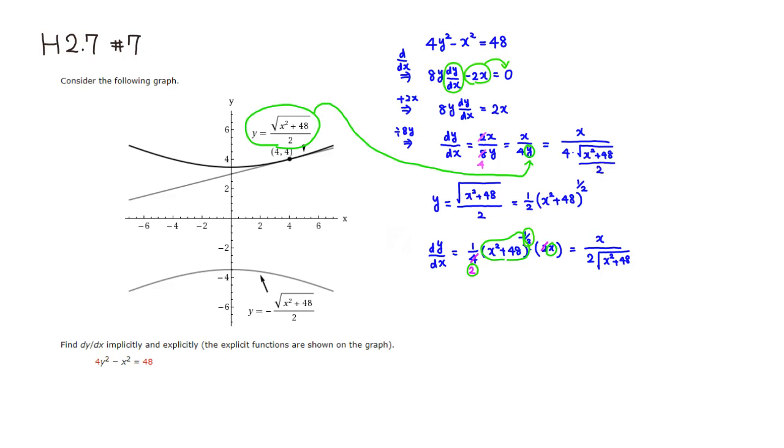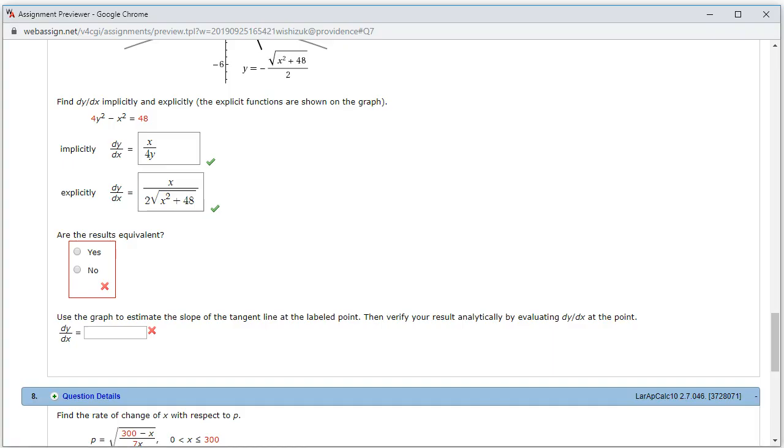Then we can cancel: there's a 4 on top and a 2, so we can turn it into 2. So this is equivalent to x over 2 times the square root of x squared plus 48. You can see that we get exactly the same thing here. So the answer is yes, they are equivalent.